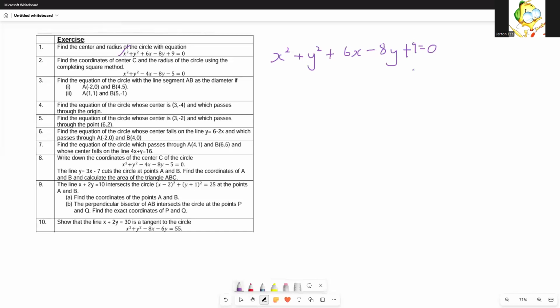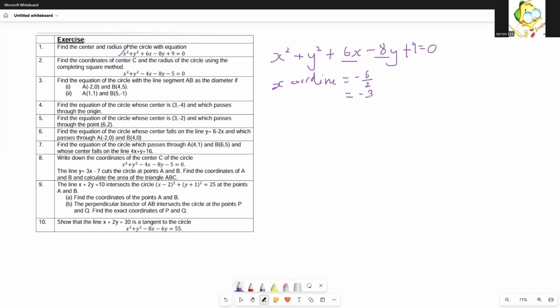For us to find the center and the radius, we will just look at the x and the y terms. For this instance, the x coordinate of the center is literally just negative 6 over 2, which is negative 3.